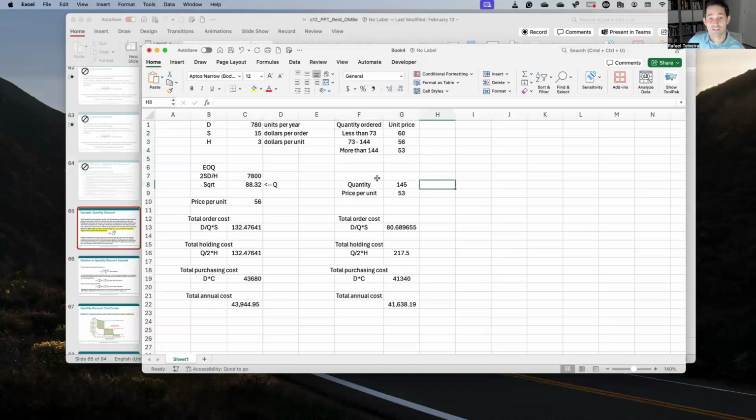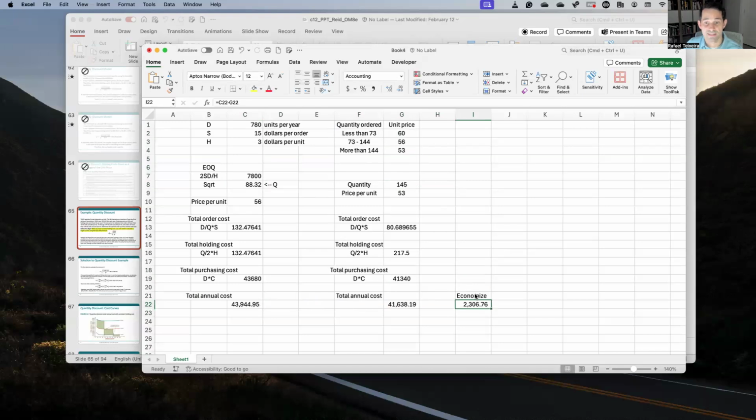Okay, so this is the quantity that minimizes the cost under the discount model. This is how much the company economizes, the difference between the optimal order quantity and this.